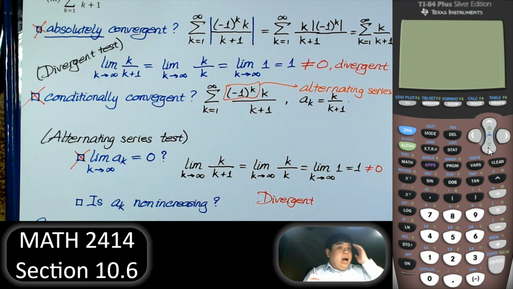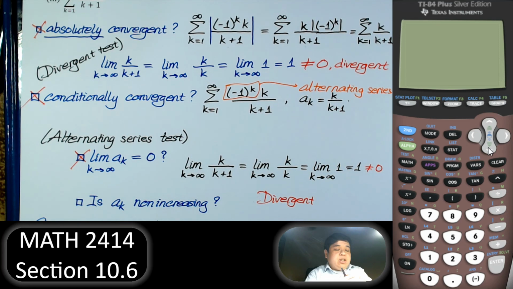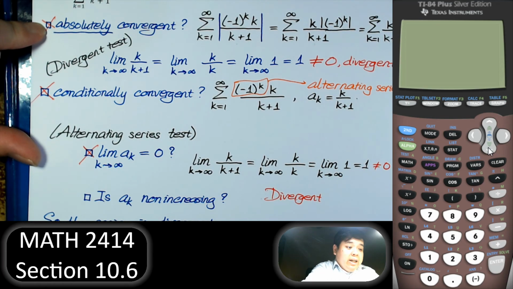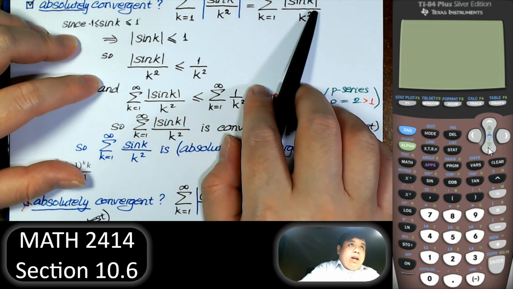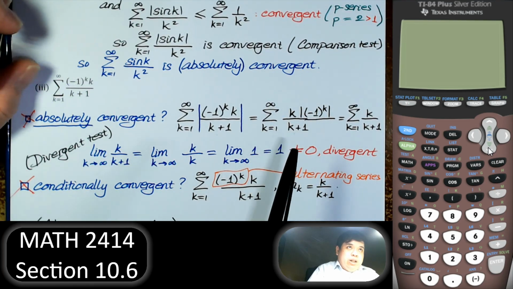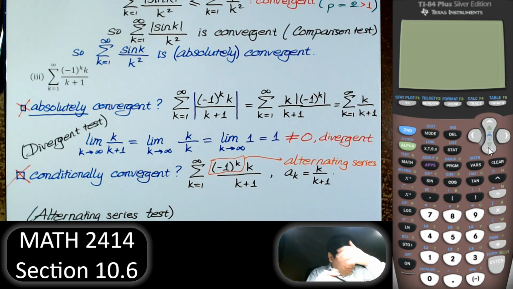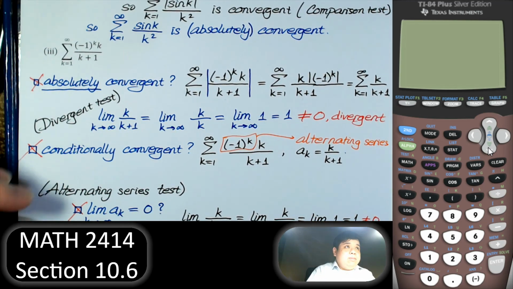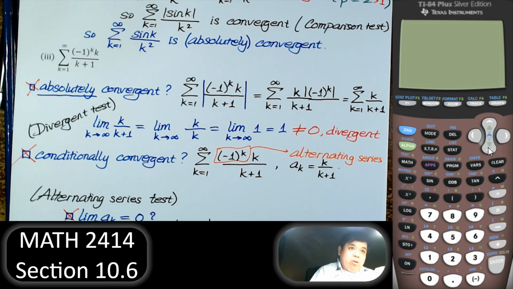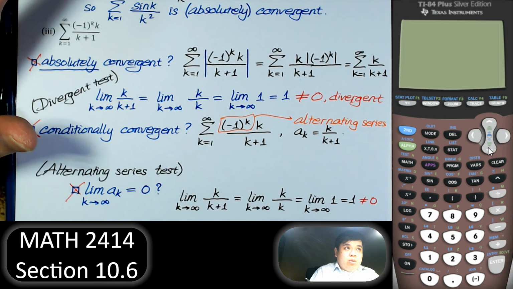Right, so when we ask if a series is absolutely convergent, conditionally convergent, or divergent, this is what we do. First, throw in the absolute values, see what happens. If with the absolute values it is convergent, then we say it is absolutely convergent. Now, if with the absolute values it is divergent, take the absolute values away. Is that still convergent?